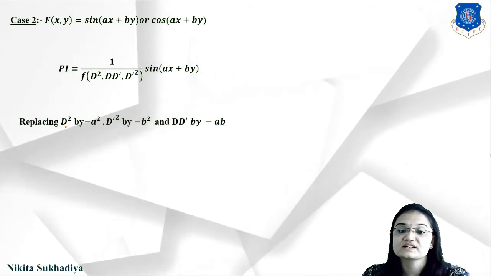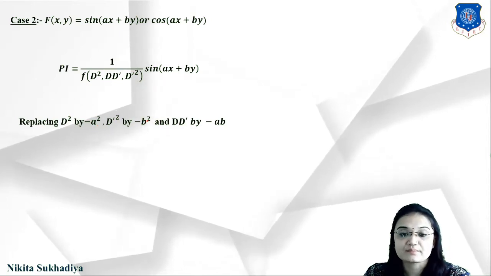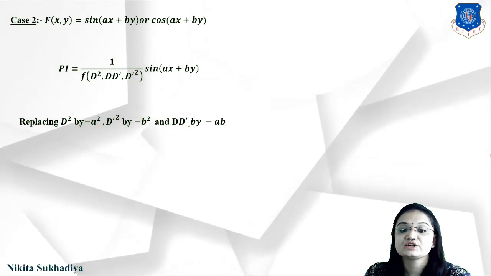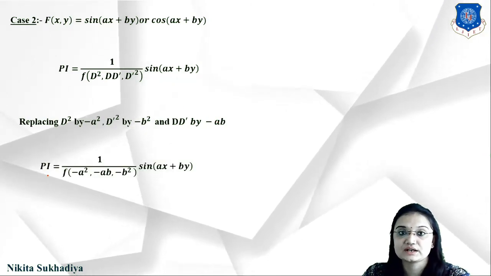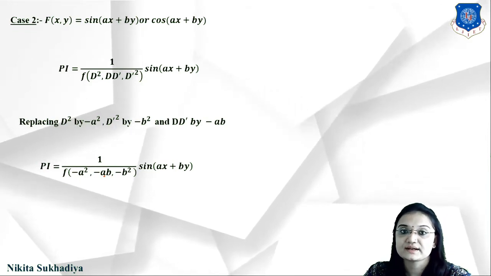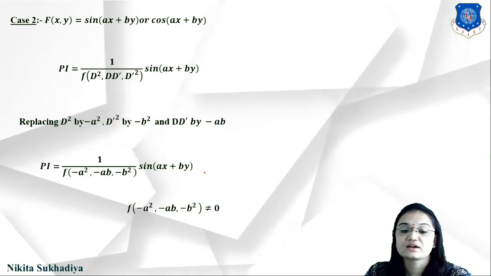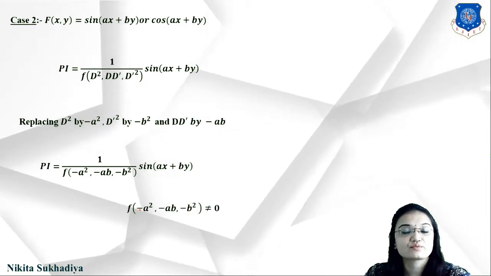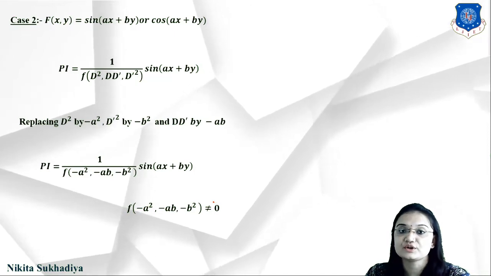Now replacing D square by minus a square, D dash square by minus b square, and DD dash by minus ab, we get particular integral equal to 1 upon f of minus a square, minus ab, minus b square, sin(ax plus by). The condition is that f of minus a square, minus ab, minus b square is not equal to 0.